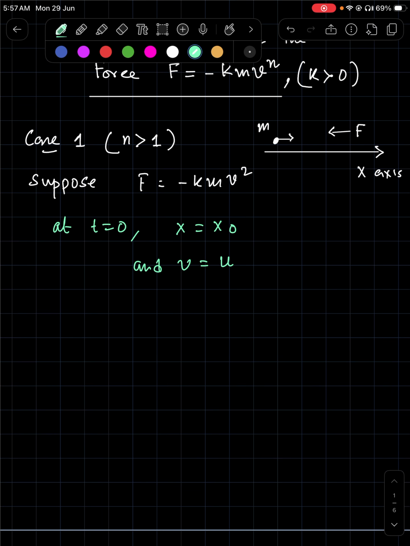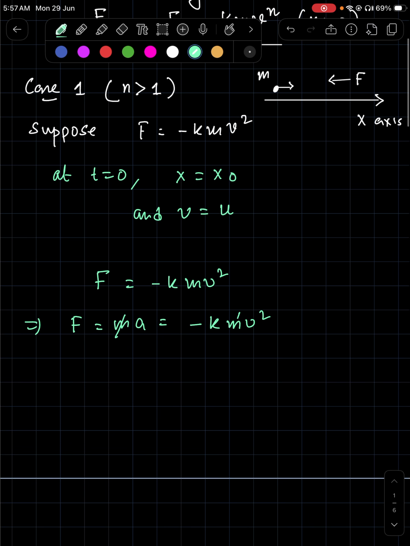I am going to write first F equal to minus k m v squared, and writing F equal to m a according to Newton's second law, where the mass is taken to be constant because it is a point particle. So m cancels out.